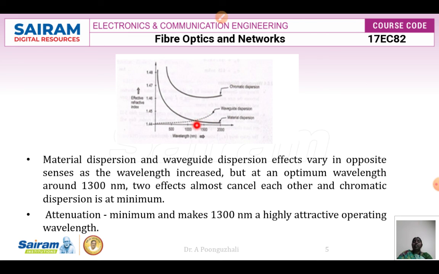So the chromatic dispersion is minimum at 1300 nanometers, and this is the chromatic dispersion with respect to wavelength. The attenuation is also minimum, which makes 1300 nanometers a highly attractive operating wavelength. Thank you.